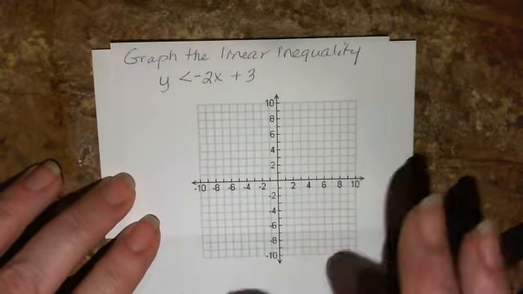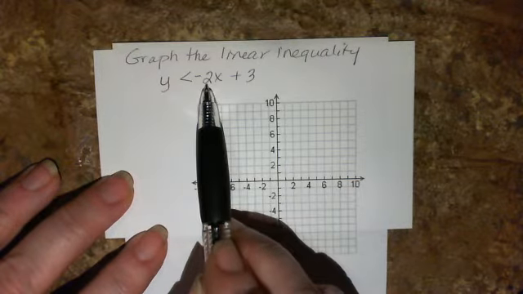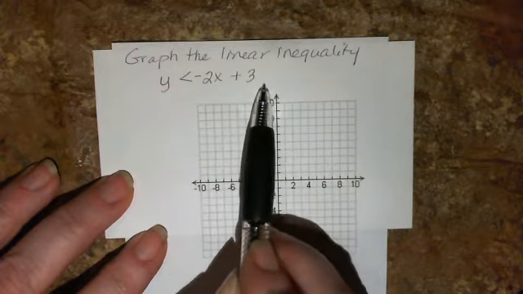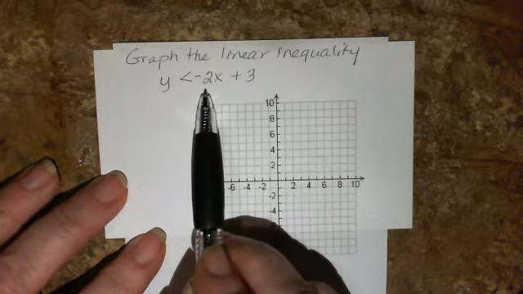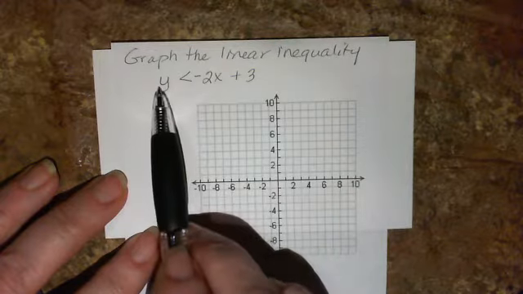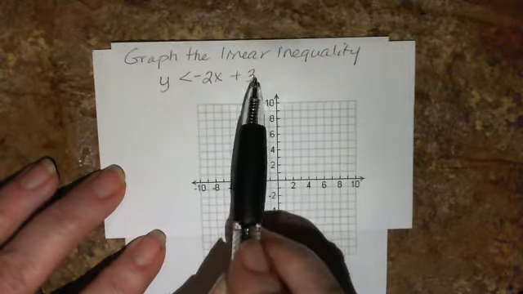So, to graph this linear inequality, remember this is very much like y equals mx plus b, except that it's y is less than mx plus b. Remember, we can find our points, the y-intercept and rise over run, to get more points the same way we do for equations. So let's mark points for y equals -2x plus 3.